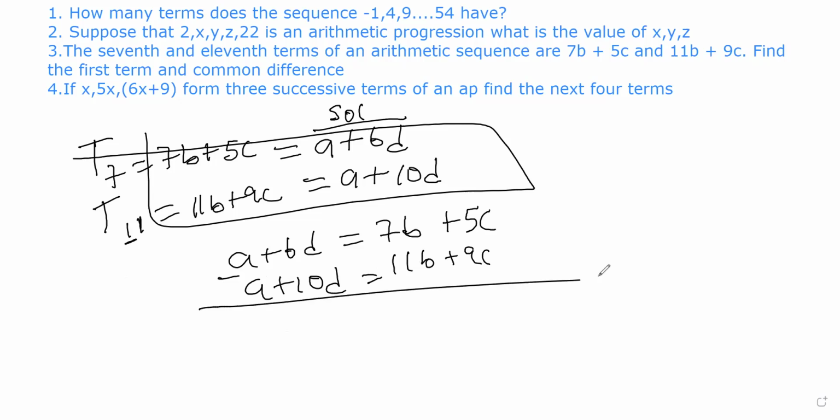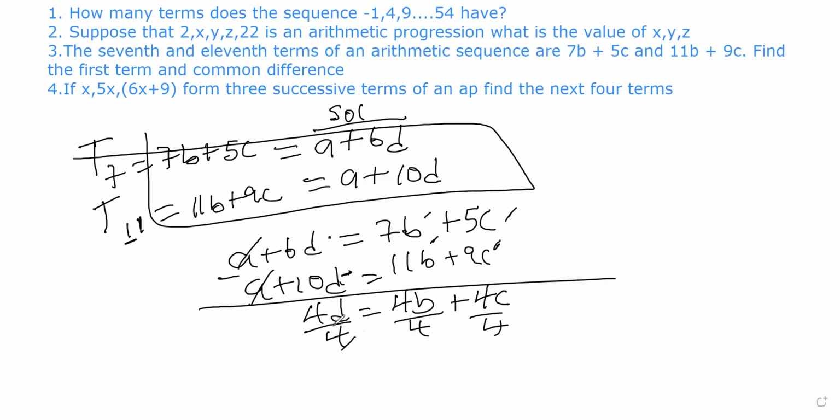If I subtract this equation so that I can eliminate a, this minus this gives me 4d, this minus this gives me 4b, and this minus this gives me plus 4c. If I divide through by 4, my common difference is in terms of b and c. So my common difference is b plus c.